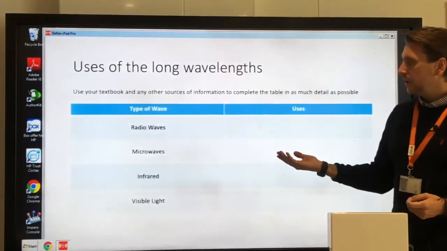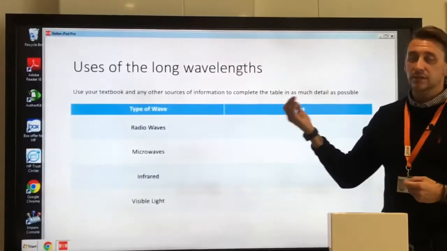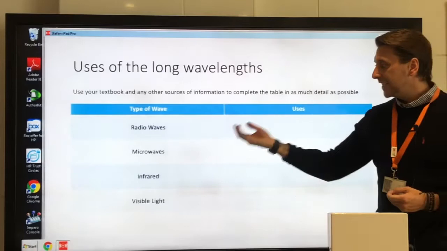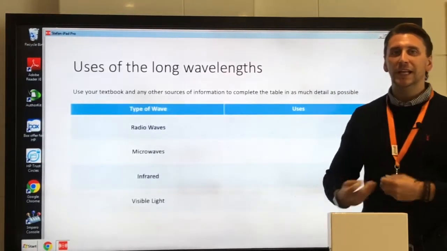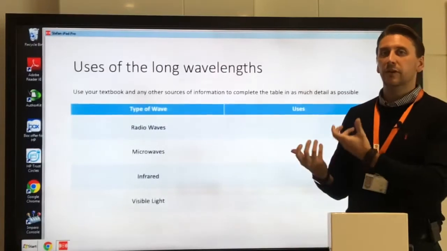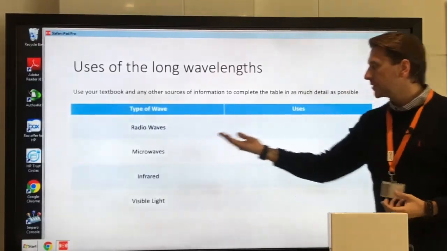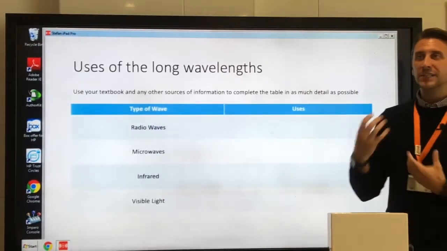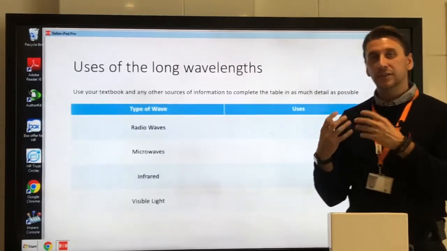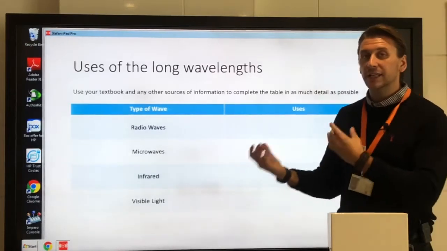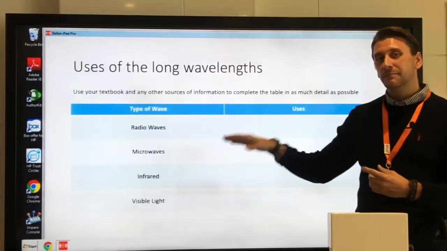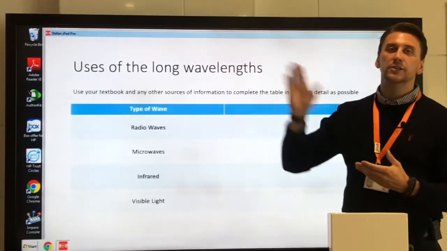The next type of wave that we're going to look at is microwave, which is the second longest wavelength. And again, the obvious use of microwaves we know is for heating food in a microwave oven. So we know that microwaves can be used for heating food. But that was actually a discovery that was made by accident. It was stumbled upon because microwaves are generally, just like radio waves, used in long-range communication.